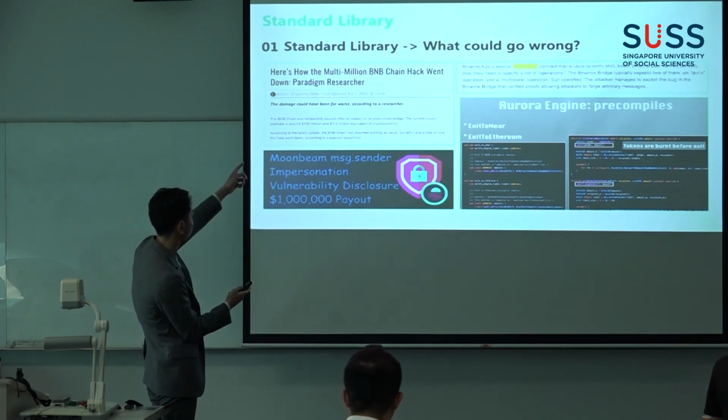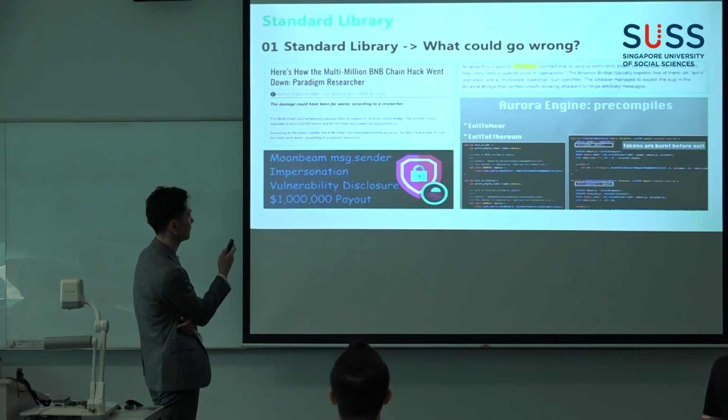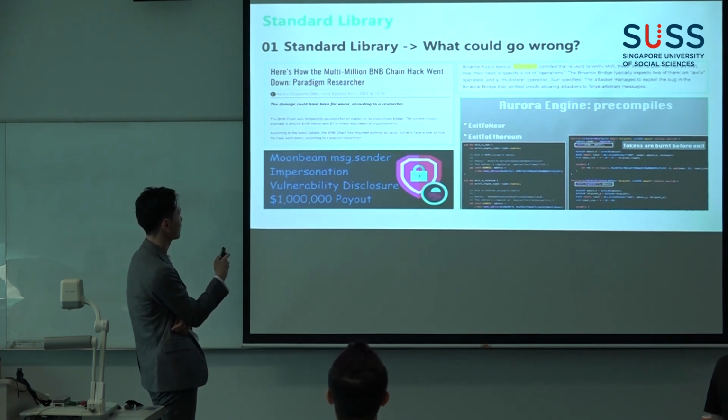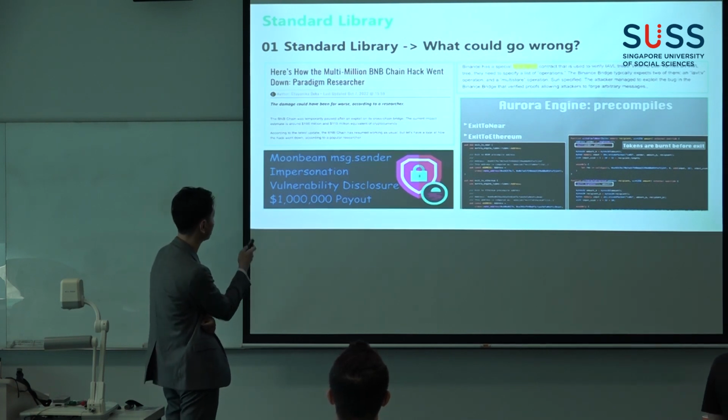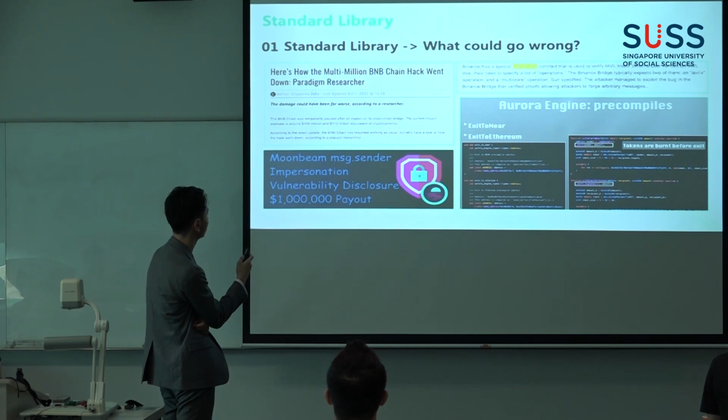For example, one of the biggest hacks, the BNB Chain hack last year, was because of a standard library issue. It caused a loss of $100 million.